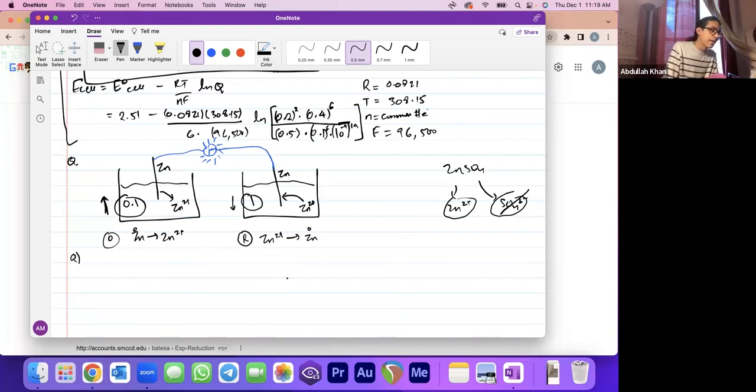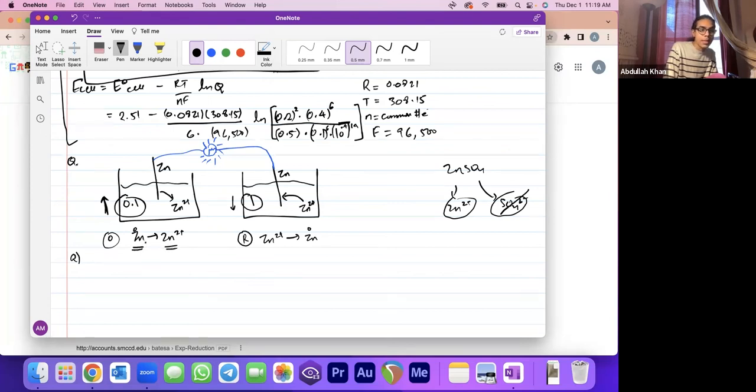They can also ask you related questions. For example, which electrode is getting thicker and which electrode is getting thinner as the reaction proceeds? On the left-hand side, you're losing solid zinc because it's getting dissolved into solution. It's turning into ions.